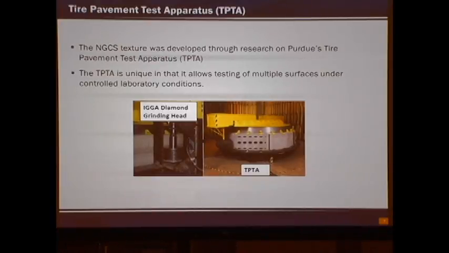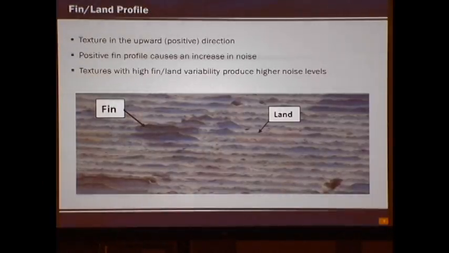It's a little bit different, but in this controlled instance, they were able to really focus in on how to change the longitudinal grooves, the depth, the width, the variability between them, and to really focus in on what changes the sound and the noise between the surface of the pavement and the tire interaction.